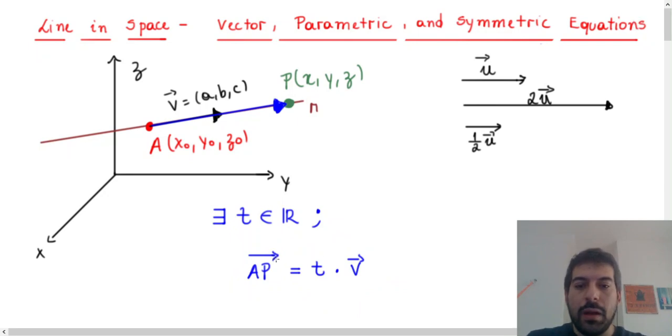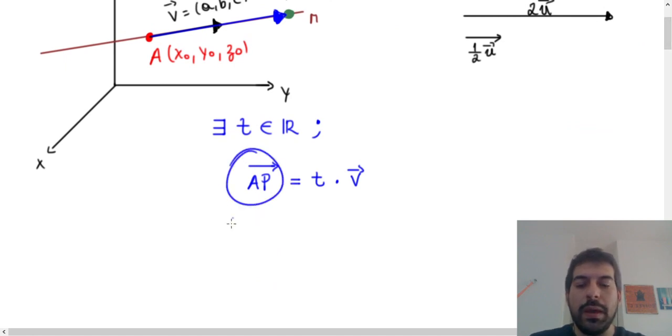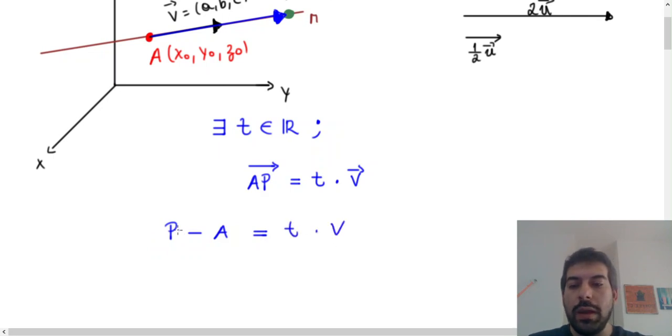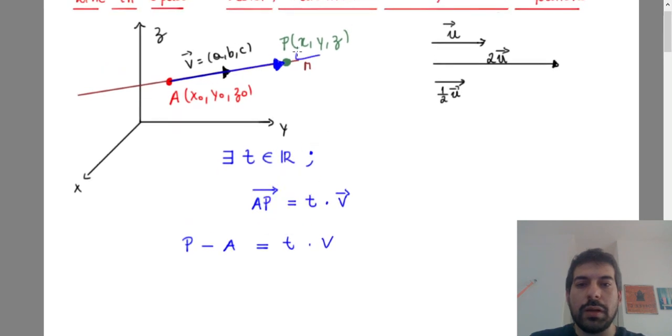Once we know that the coordinates of a vector AP are the coordinates of the final point minus the coordinates of the initial point, the vector AP can be written as P minus A being equal to t times v. The coordinates of the point P, remember, are x, y, and z.